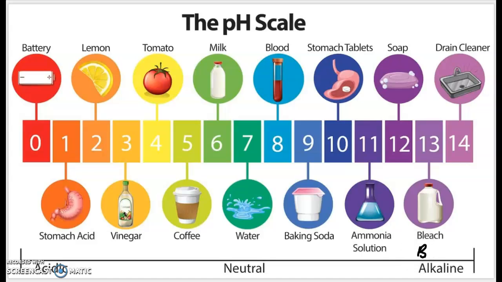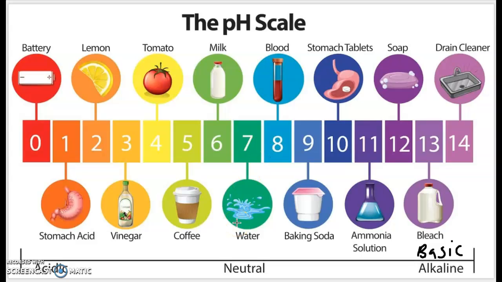Alkaline is another word for saying basic, so I'm just going to write basic down there. And of course, in the middle between acidic and basic, we have neutral. So water without adding ions and stuff is supposed to be a pH of 7.